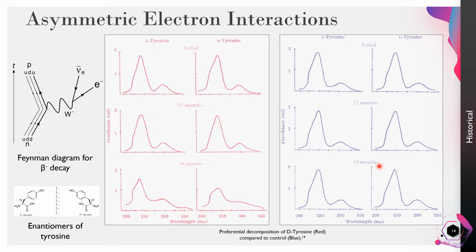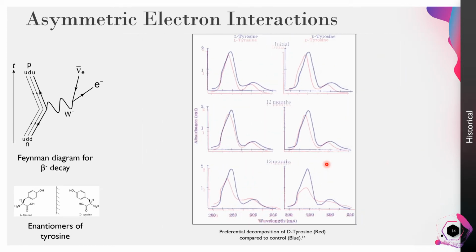You can compare it to the control in blue, and we can see there is indeed an asymmetry to this decomposition over time. In a way, this may be a potential reasoning for why we observe an abundance of one enantiomer over the other in biology.